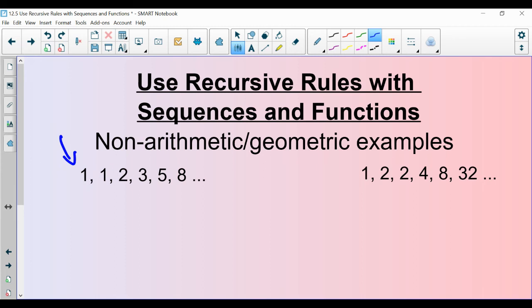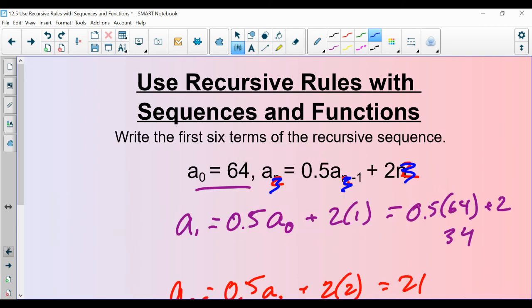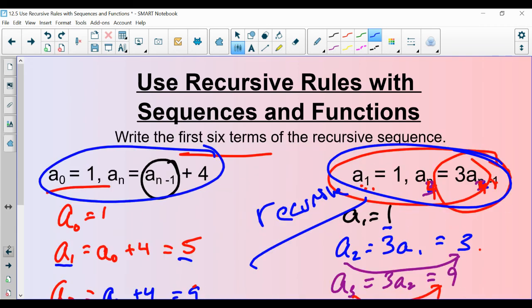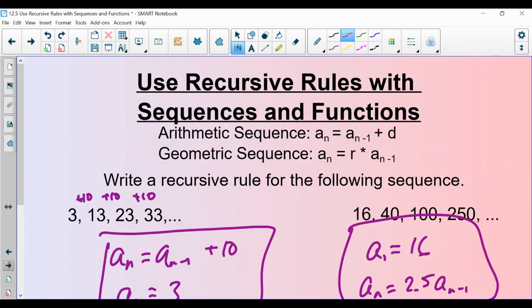Now, how do we write the rule for the Fibonacci sequence? When I gave you the definition for a recursive rule, I said define the beginning term or terms. If it is not arithmetic and not geometric, you are going to define the first two terms, because that's what you're essentially recalling.